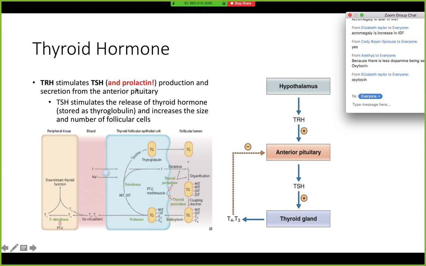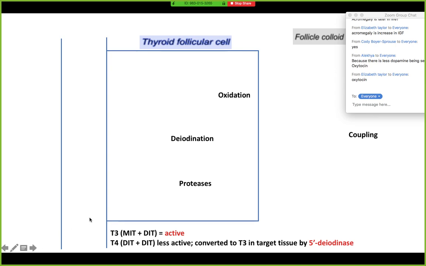And also something that I always forget, or that I personally feel is hard to remember, is that TRH is stimulating the release of prolactin as well as TSH. And we talked about TSH stimulating the release of thyroid hormone, and it's also going to increase the size and the number of the follicular cells. Okay.